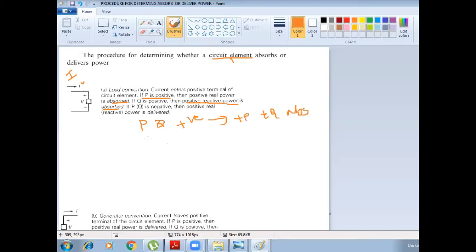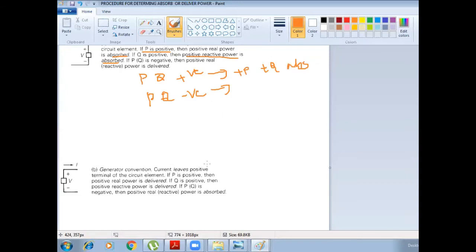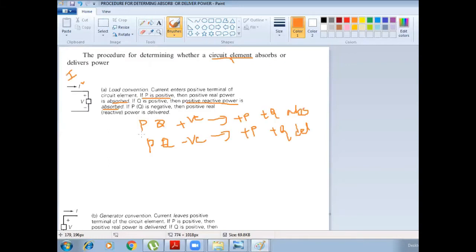Now if P and Q are negative, that is, real power and reactive power are negative, then we can say that positive real power and positive reactive power are delivered by the element. So these are the two conditions with respect to the load. If P is positive, then positive real power is absorbed by the element.